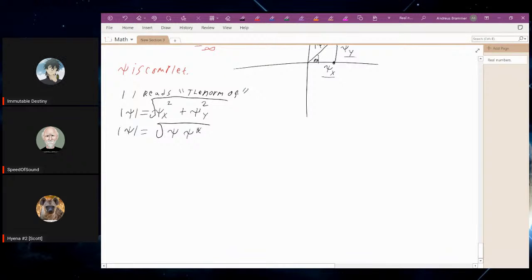Now, this thing we're dealing with, this integration, which I haven't explained what that means, asks us to do this.